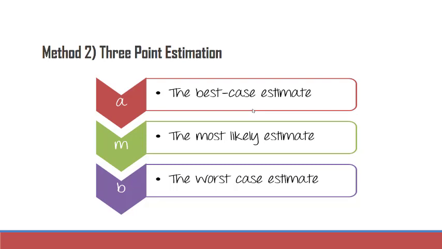Now let's say the best case can be where the team size is huge, or maybe there are more talented people. The most likely is when everything is averaged out, maybe the team size is average and the talent is also mixed. But the worst case can arise when there are less experienced people, I should say, more than talented. So if there are only freshers, we should have extra time for them to learn and then work.